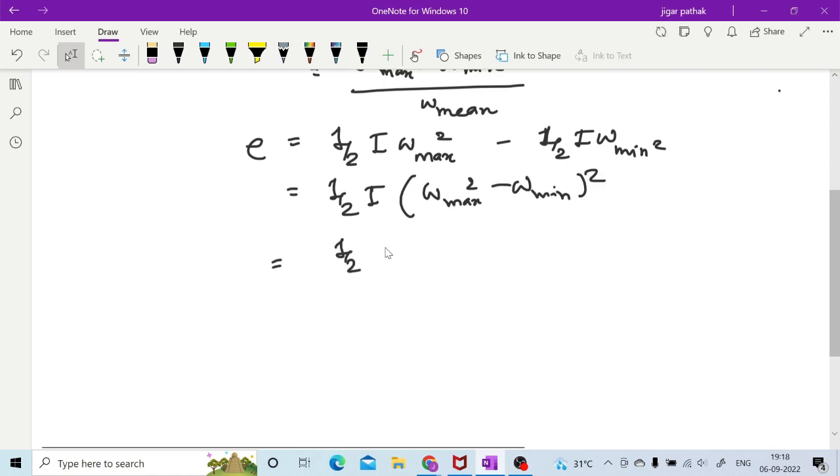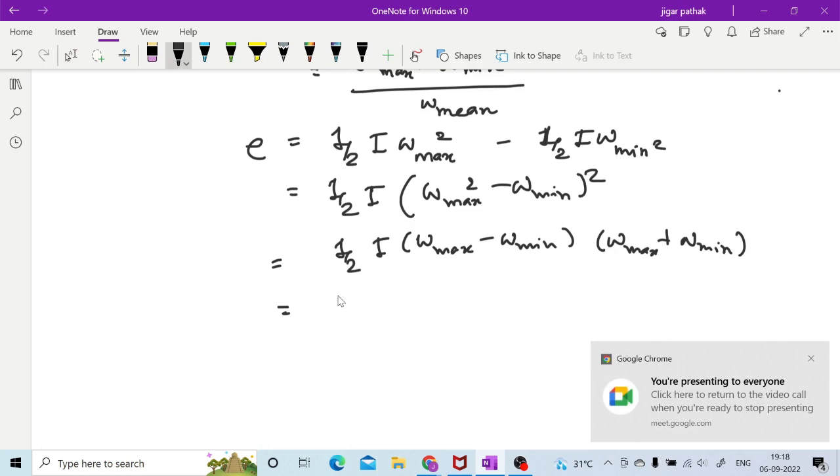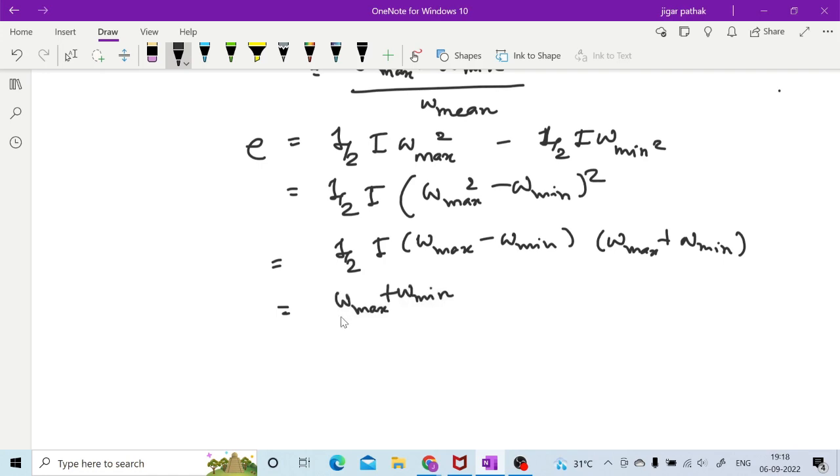Here you can write it like this: omega max minus omega mean and omega max plus omega mean, right? So once you write it like this, then you can have this omega max plus omega mean by 2 into I into omega max minus omega mean.